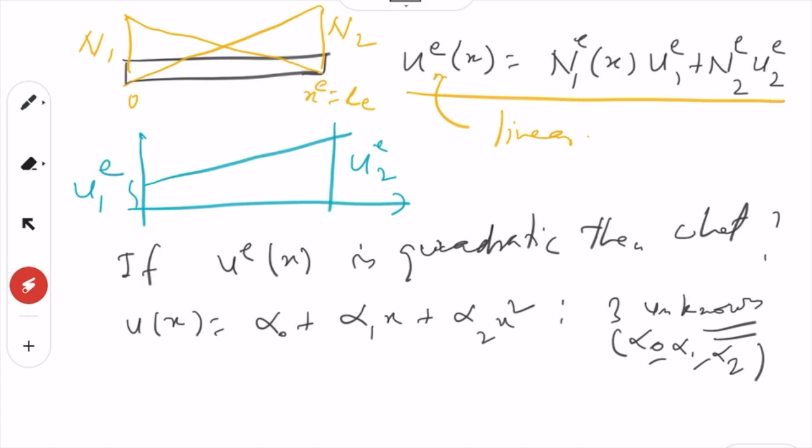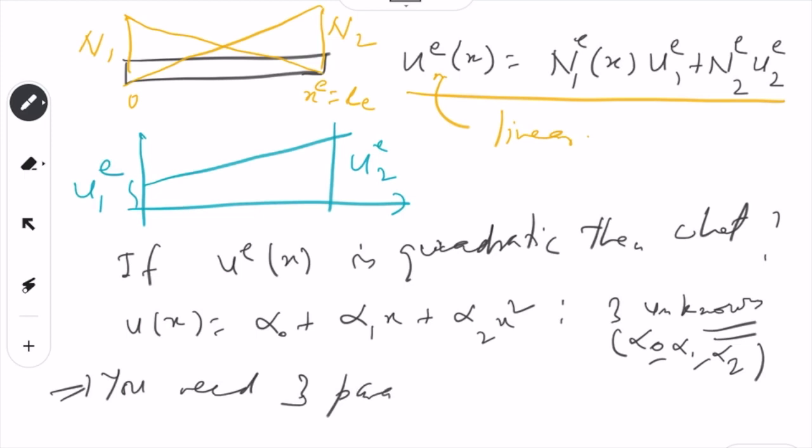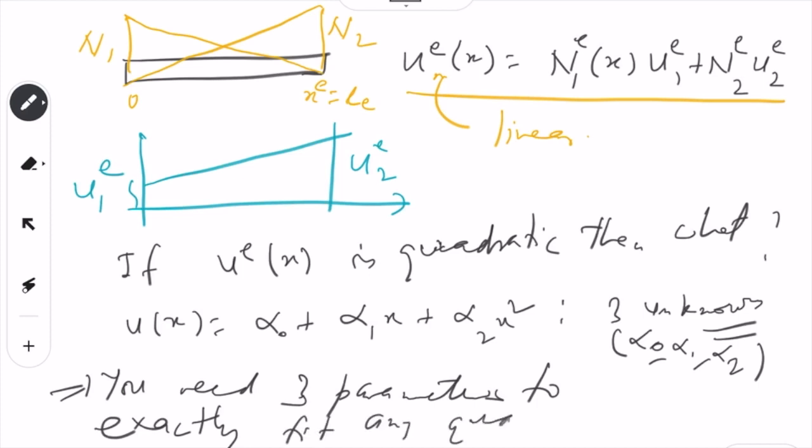So hence you need 3 parameters to exactly fit any quadratic solution. Hence basically you can say that we need 3 displacements.